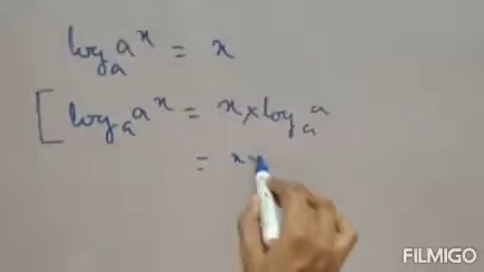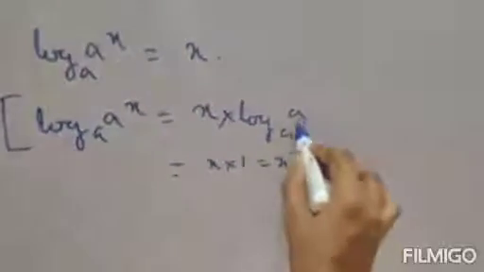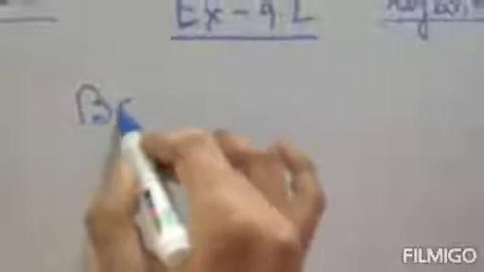So it is x into 1, that is x, because both are the same, so it is 1. So formula is x. These are the formulas. Clear? Next formula is the base exchanging identity, or base changing formula.